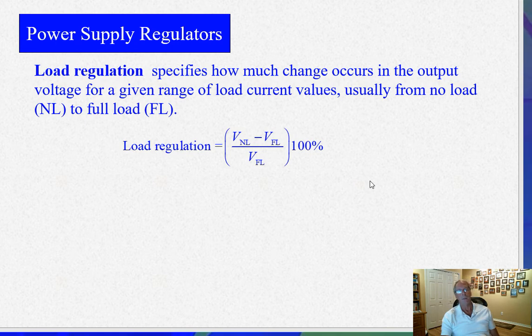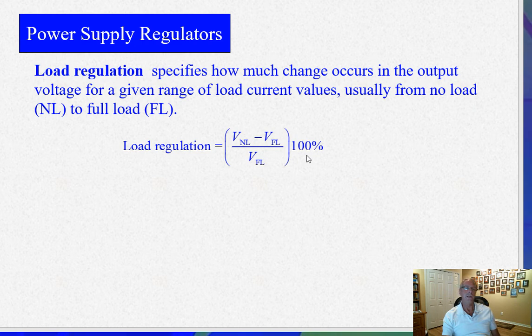So if you take a voltage regulator and leave the output not loaded at all, don't hook anything up to it, you measure that voltage, that's voltage no load, VNL. And then you hook up a load to it which draws the maximum current that it's specified to operate under, maybe an amp or whatever it is. Then you measure the voltage again and put that there, V full load. Run this equation and you'll get the load regulation.